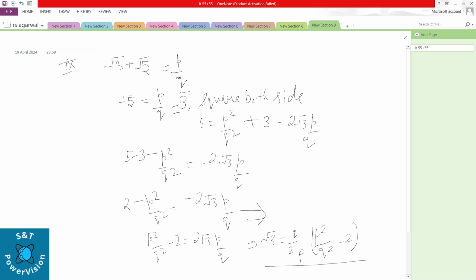Since p by q we have taken in the simplest form, both are integers in the simplest form. So if we say root 3 is an irrational number, and the other side is a rational number, since it is just a multiplication of rational numbers, both contradict each other. So again root 3 plus root 5 will be an irrational number. So I hope it is clear.